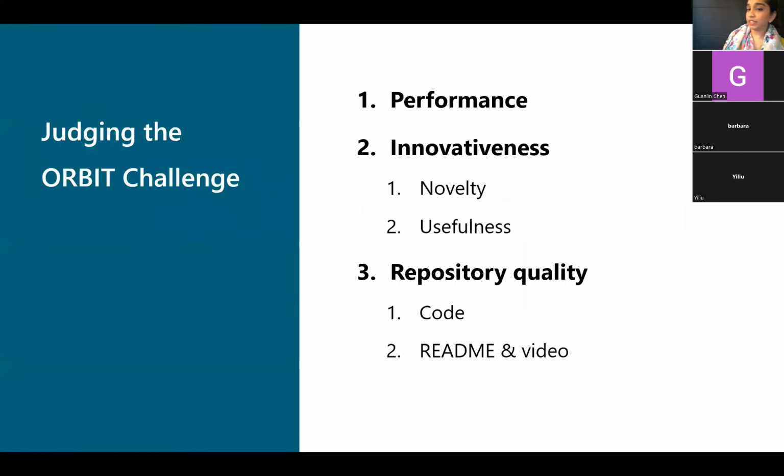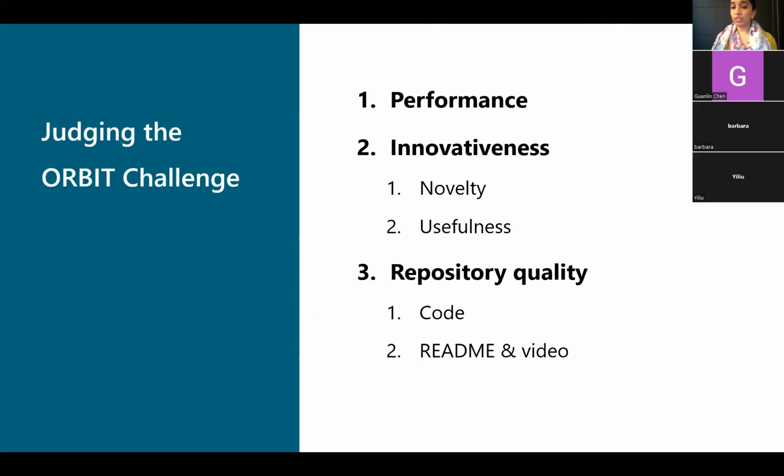These winners were selected based on 3 equally weighted criteria. First, performance. This was taken to be the average accuracy across all test users, as we saw in the previous slides. Second was innovativeness. Here, the judges interpreted the team's contribution in the context of how technically novel it was and how useful it was in the context of a teachable object recognizer.